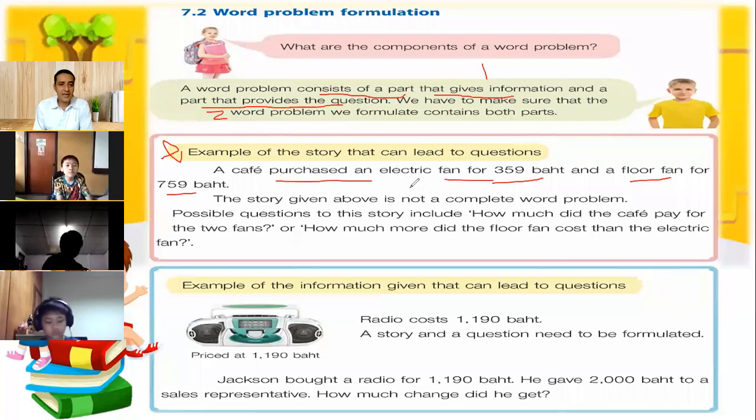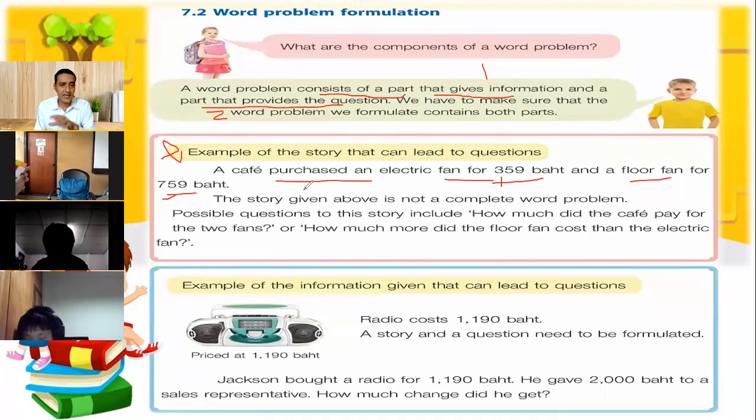Students, as you can see, in this story they give only information about two things. The cafe purchased an electric fan which cost 359 baht, and then a floor fan which cost 759 baht. They have only information. There is no question.